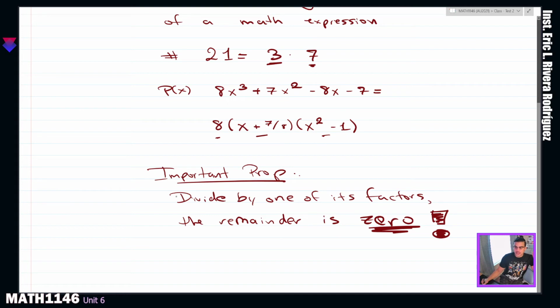This whole unit will be based on this important property. When we divide a mathematical expression by one of the factors, its remainder is going to be 0.